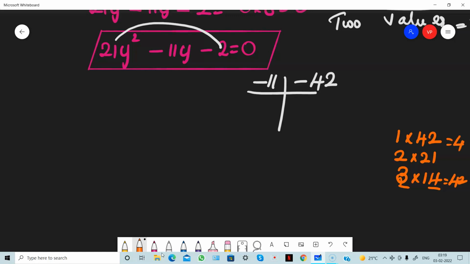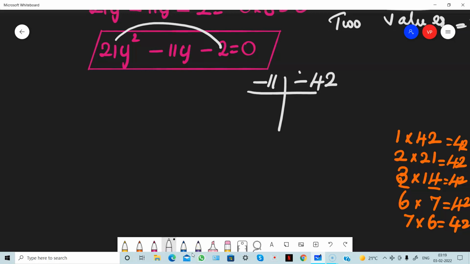Then 6 sevens are 42, right students? Yes, 6 sevens are 42. So again I get 7 sixes are 42, 14 threes are 42, so there is no need of doing it again.